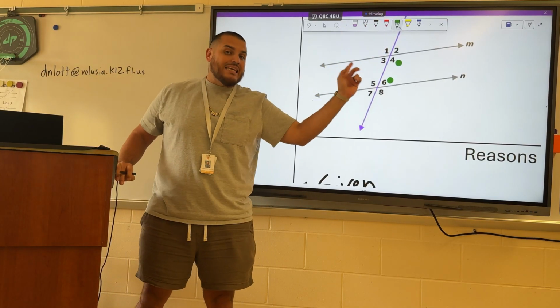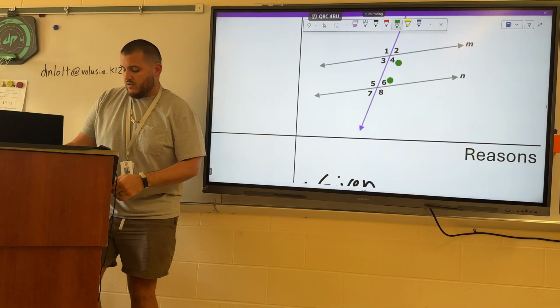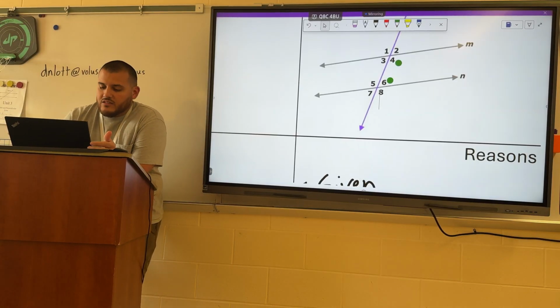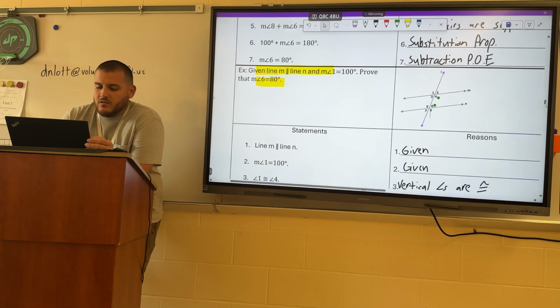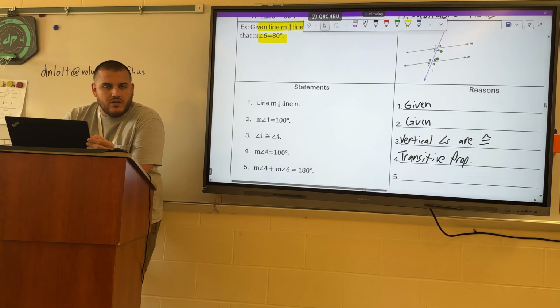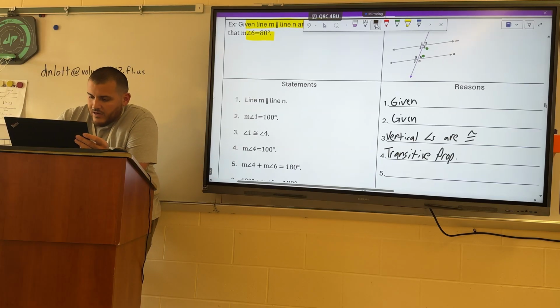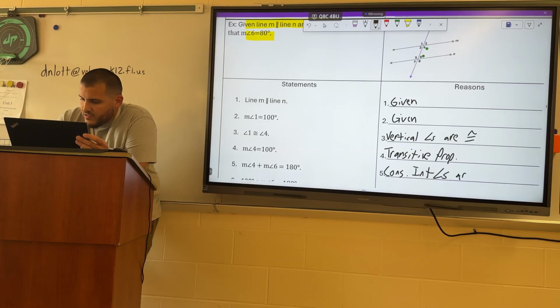These are called consecutive interior angles. We learned that earlier this unit. And on parallel lines, consecutive interior angles are supplementary to each other. It means they add up to 180 degrees, just like it says that they do here in step 5. So I can say consecutive interior angles are supplementary.